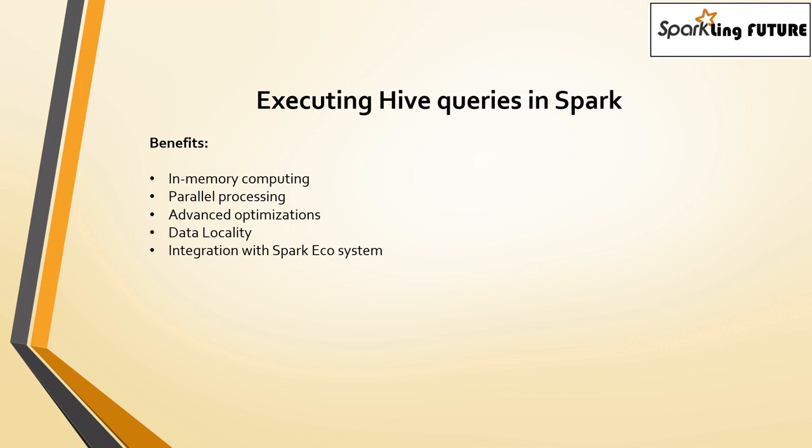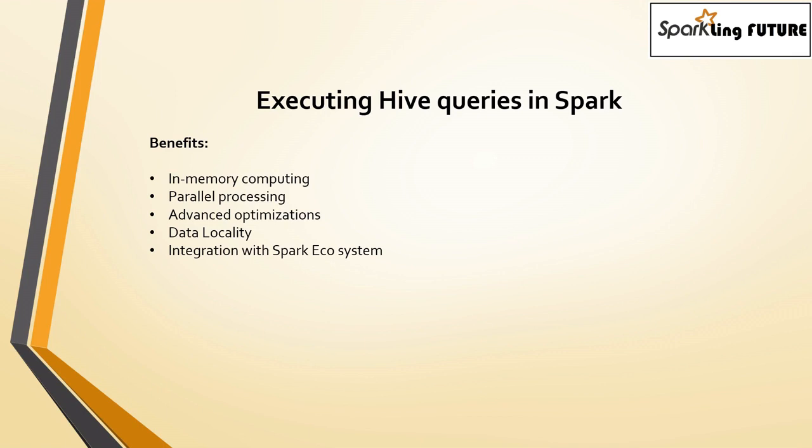Spark also provides advanced optimizations like the Catalyst optimizer, pruning and predicate pushdown. These optimizations can result in reduced data transfer and minimized processing, which leads to improved query execution time.